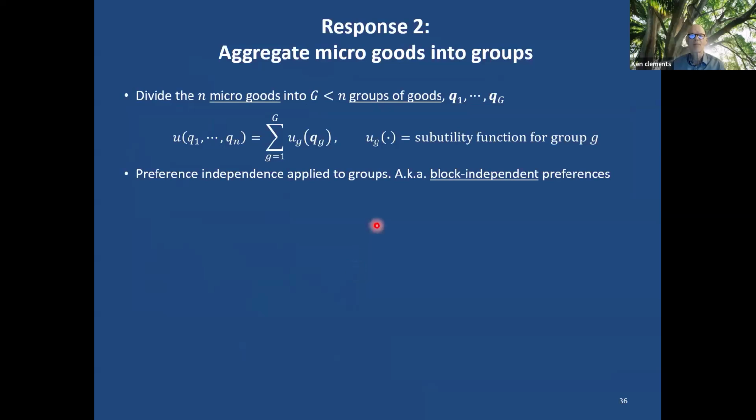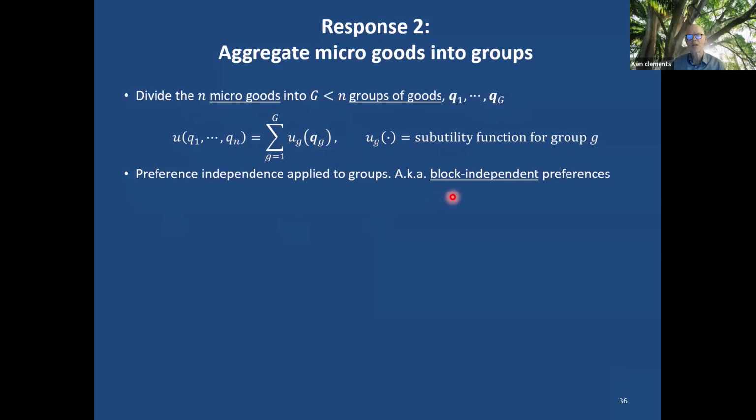So the response to that objection is to aggregate the micro goods to broader groups. Divide the N micro goods into G less than N groups of commodities, boldface Q1 through boldface QG, that's group 1 through group G, and then postulate that the utility function is additive in sub-utility functions that refer to just the groups of the goods rather than the individual goods.